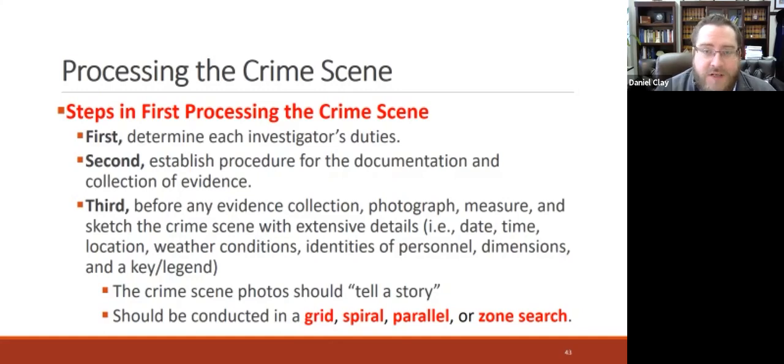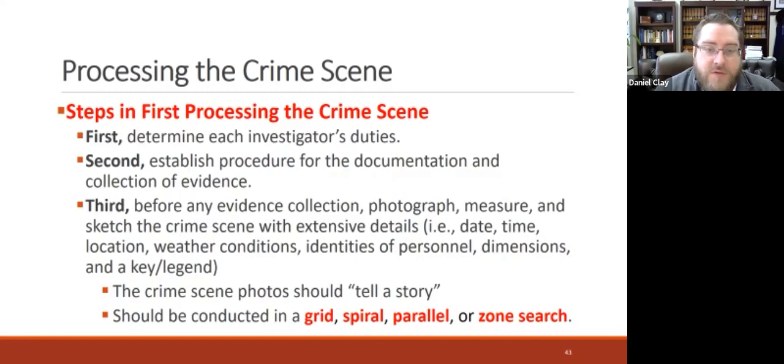They are not allowed to touch anything. They can't move a body or move a hand to get a picture under something unless the investigators approve it, right? So we really have to lay down the law for everyone in terms of this is exactly what you can do. You cannot do anything else beyond that without talking to us as the detectives or the lead detective.